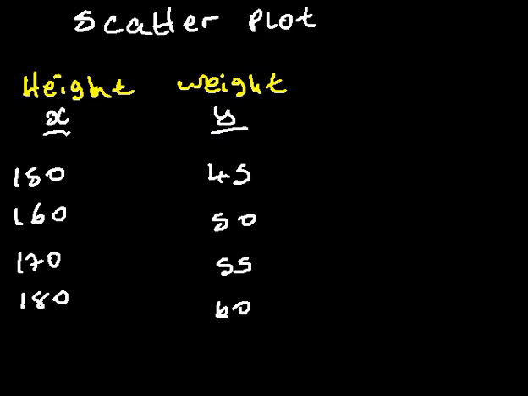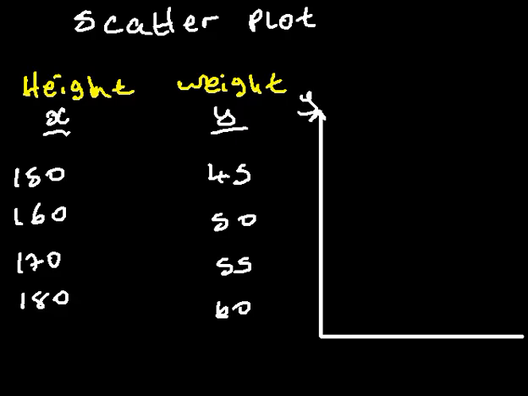So let's think of coming up with a scatter plot for this data. With a pencil as well as a ruler, we need to come up with a scatter plot to present the data. We know this is the y-axis and this is the x-axis.